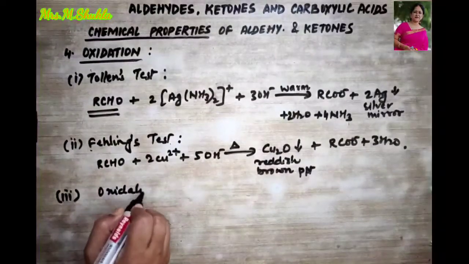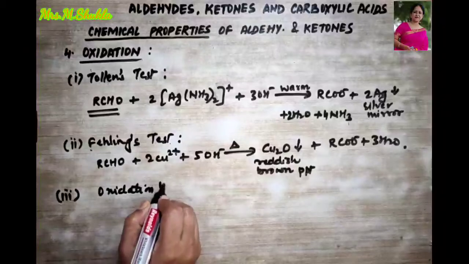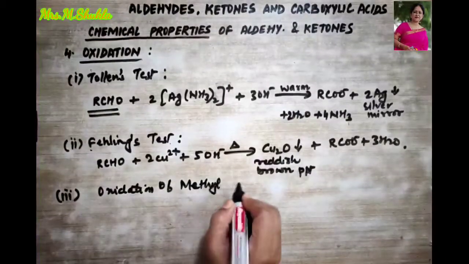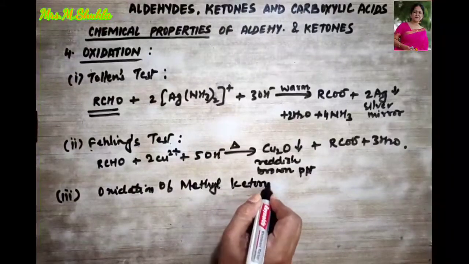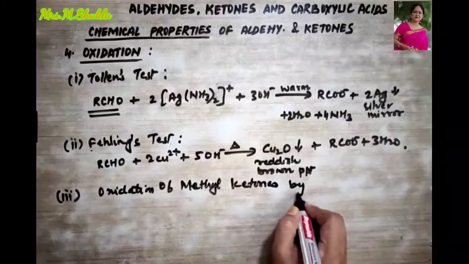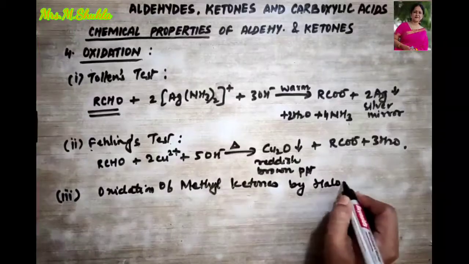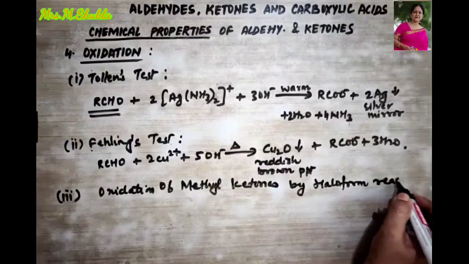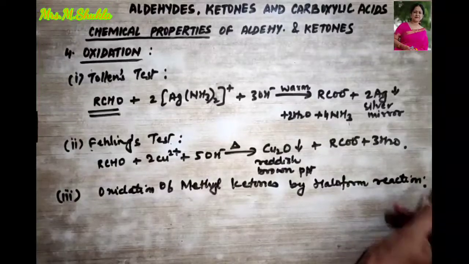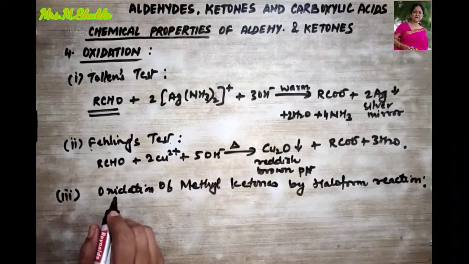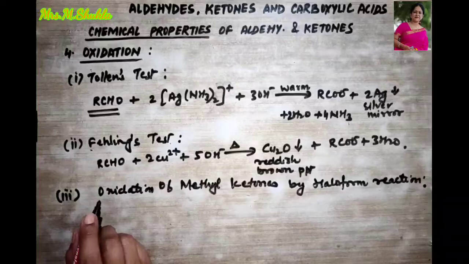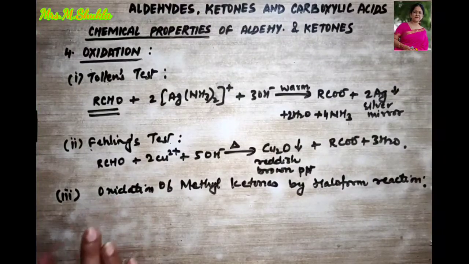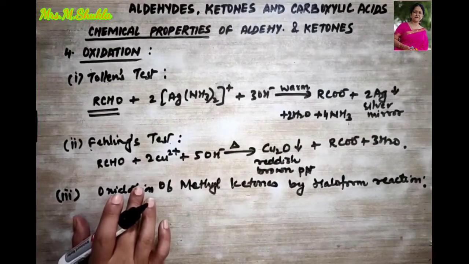oxidation of methyl ketones by the haloform reaction, right? So over here aldehydes and ketones, since we already know that they have the carbonyl group, are oxidized by sodium hypohalite solution.